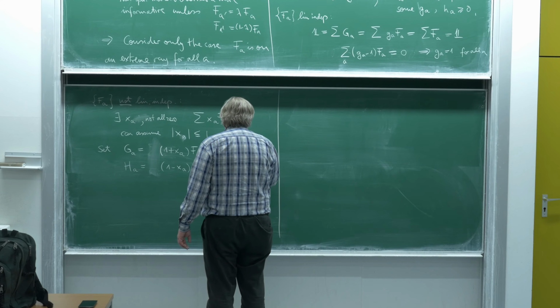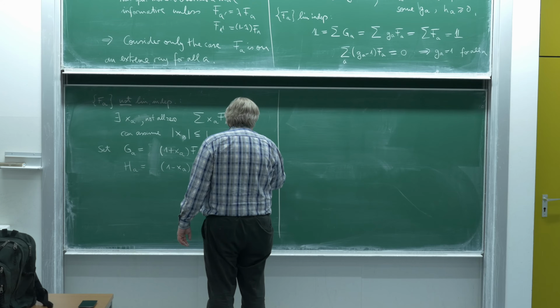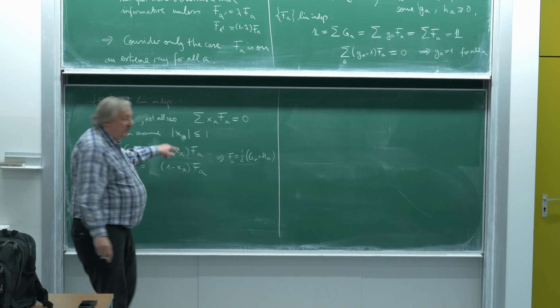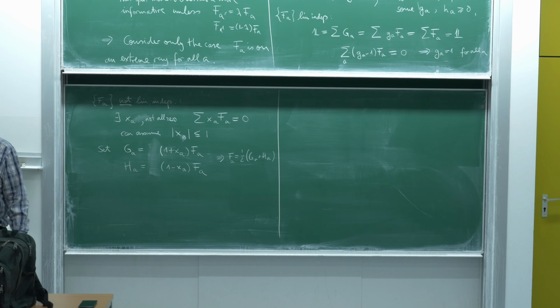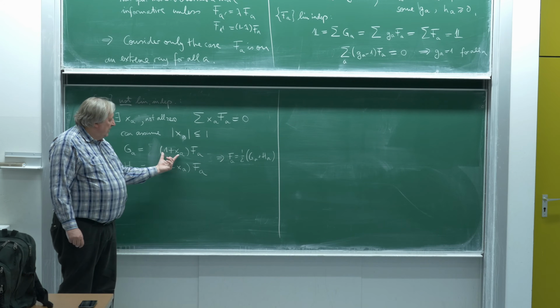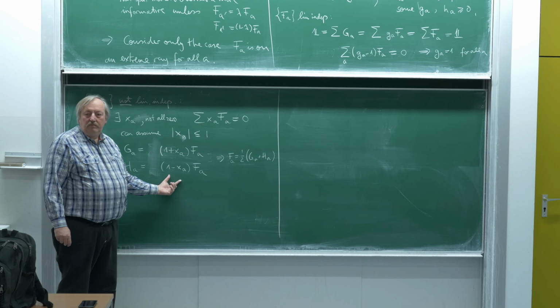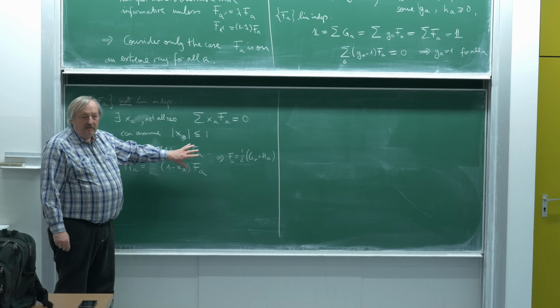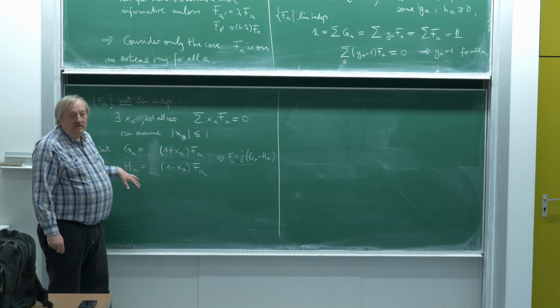So then it's obvious that each FA is 1/2 the GA plus HA, because this second term just drops out. It's also clear that the operators are positive because of this condition. Both numbers here are still positive, and therefore this is a positive multiple of the FA. That means every GA or HA is positive.